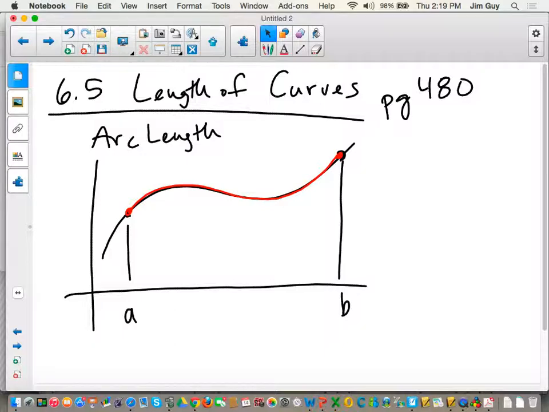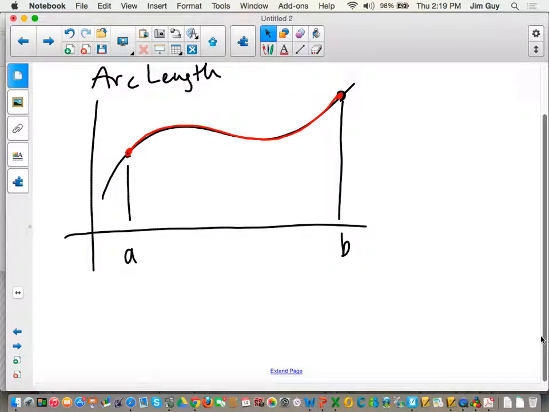Okay? So there is a formula for arc length. I'm going to write the formula down first. We're going to then do an example. And then for those people that are curious, which hopefully you all are curious, I'm going to show you where the formula comes from. It might help you memorize it. Okay? So, here we go.